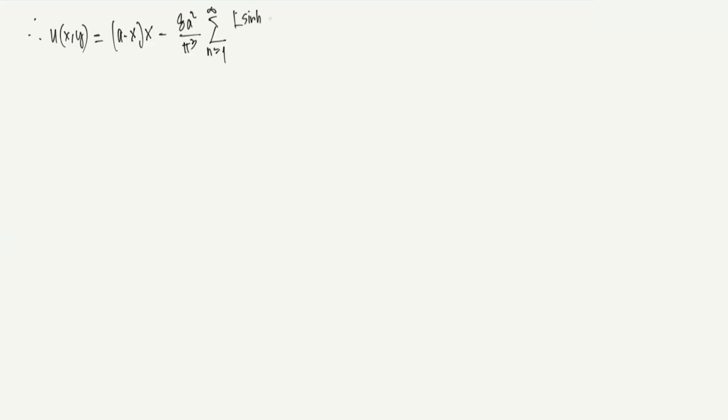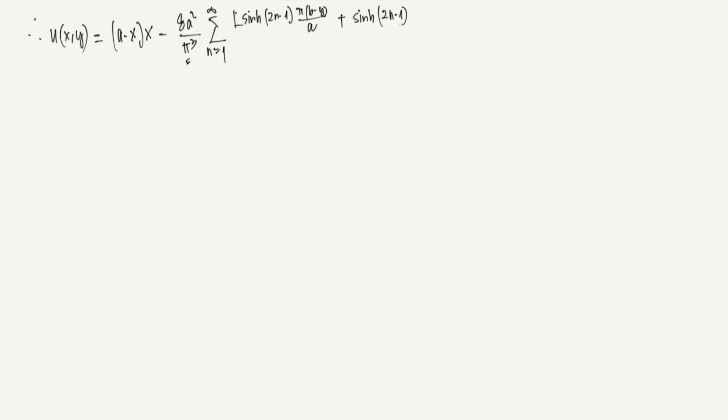sine hyperbolic 2n minus 1 pi b minus y by a plus sine hyperbolic 2n minus 1 pi y by a. You remember, for n odd we have this, otherwise it's 0. So, we have to put that part there.